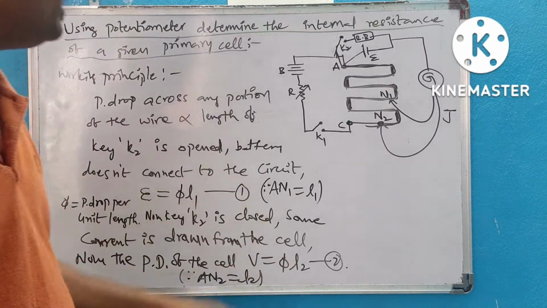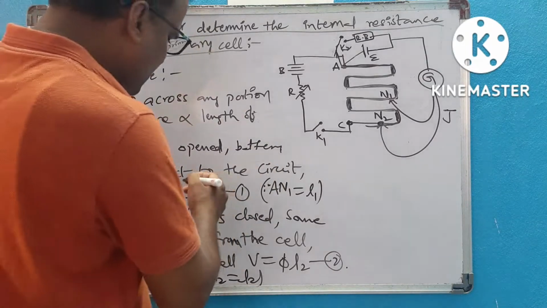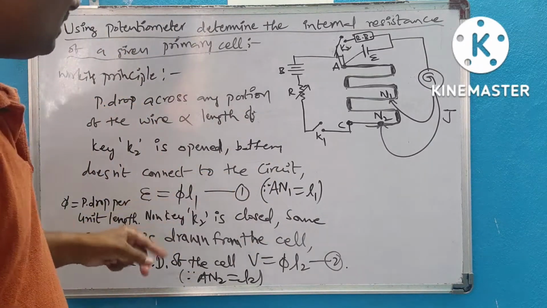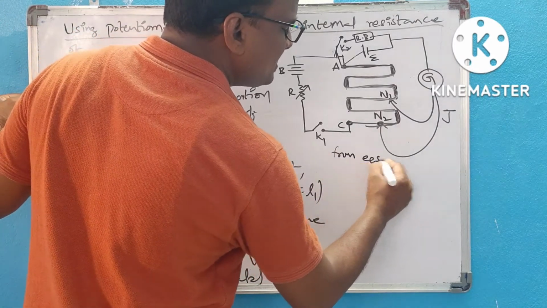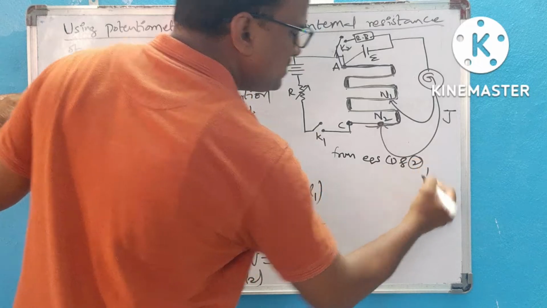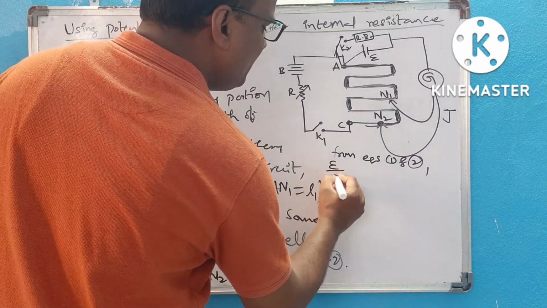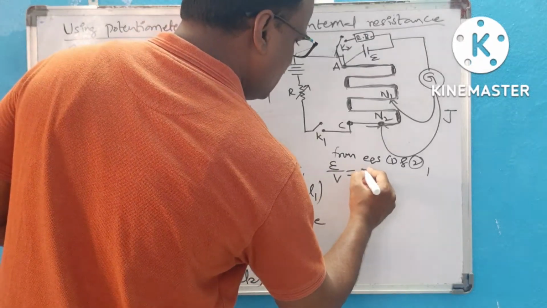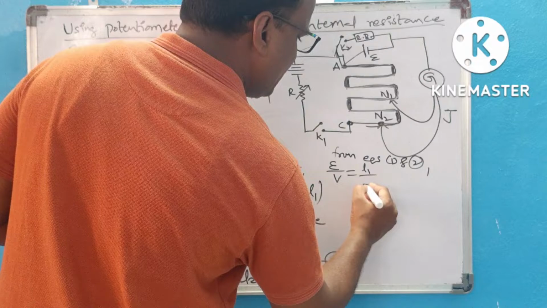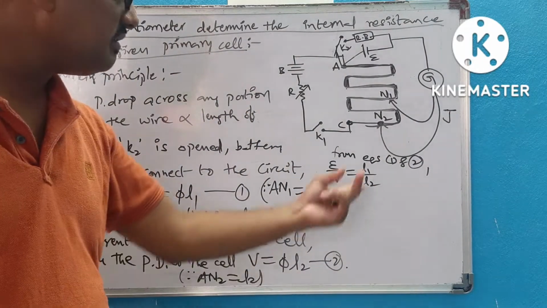So we get two equations from the circuit diagram. Now equation 1 by equation 2: E by V is equal to L1 by L2.